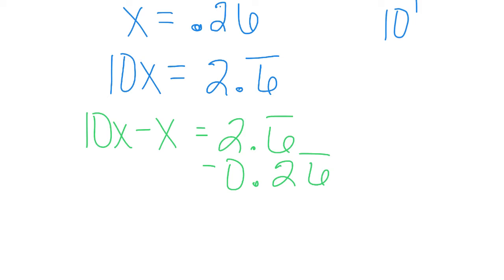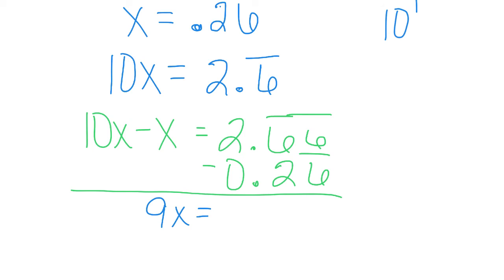Now remember, on the top, we have all these never-ending 6s. So what are we left with? We have 9x is equal to, the repeated 6s are going to cancel out into a 0. And now we have 6 minus 2, which is 4. Bring down the decimal. And 2 minus 0 is 2. So 9x is equal to 2.4.